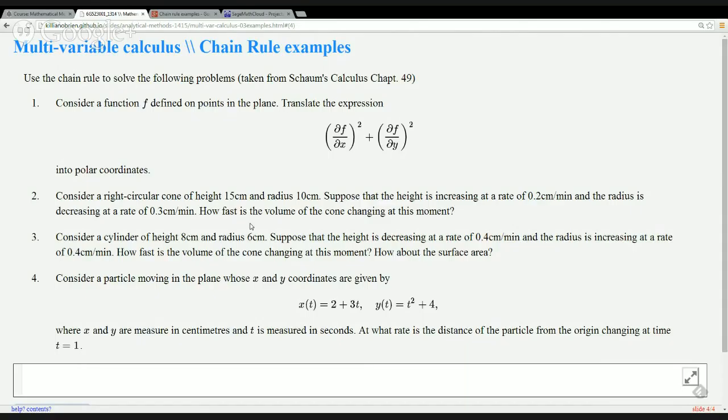Now, these angles have names. Theta and phi are azimuth and zenith. I think zenith is the phi. Yeah, phi is the zenith angle, and this is the azimuth angle.